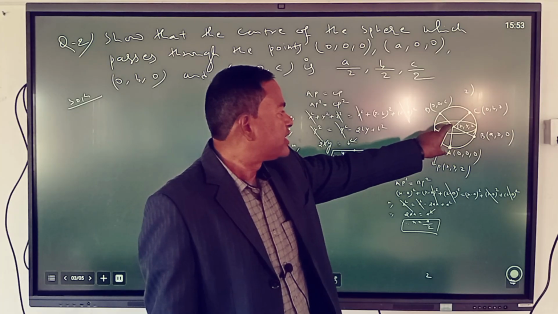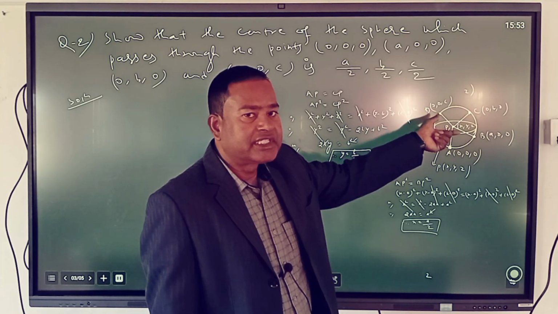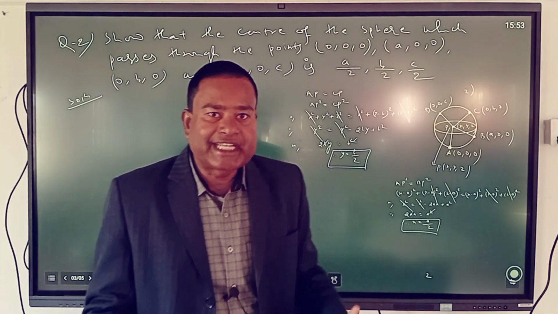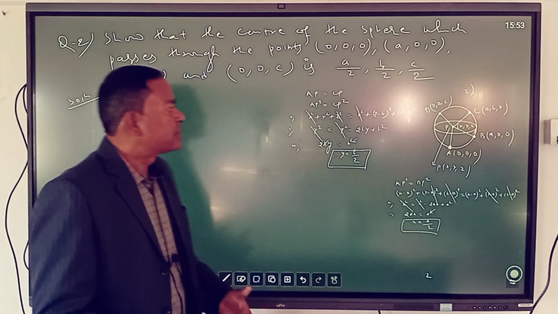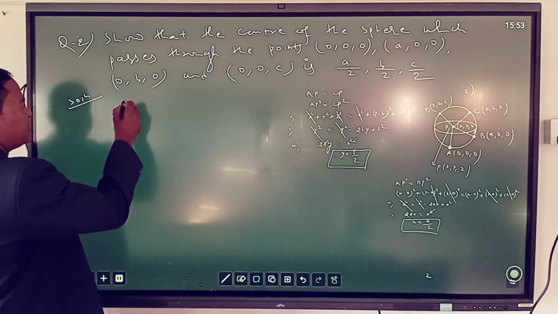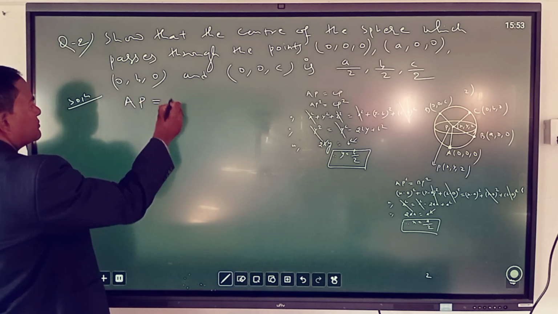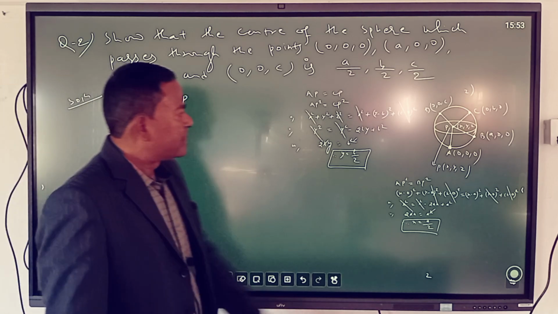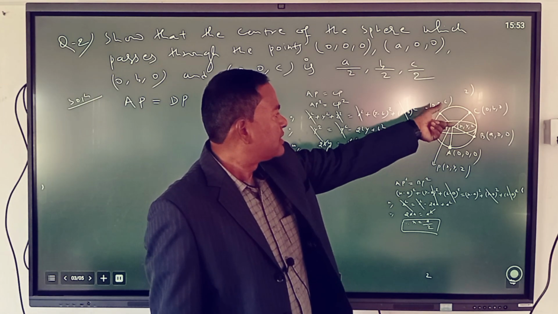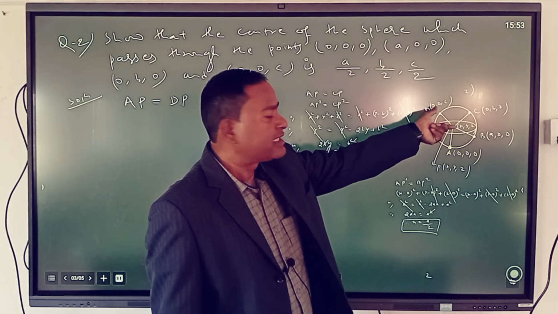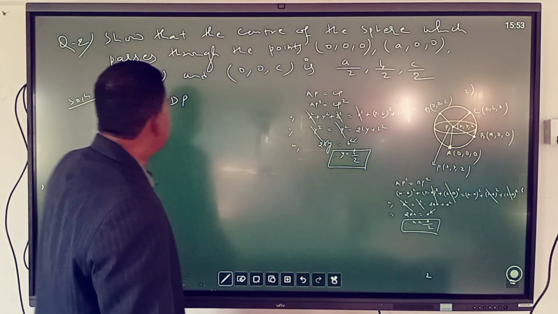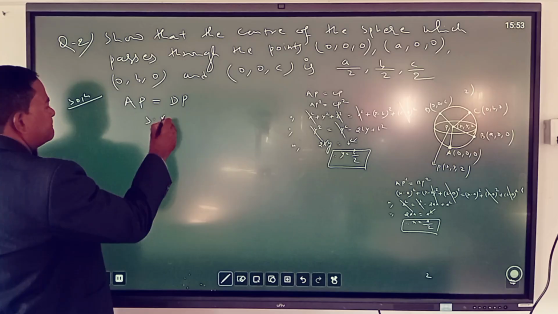So we'll equate the distance of AP with DP because both are the radii of the same sphere. So let's write AP is equal to DP.